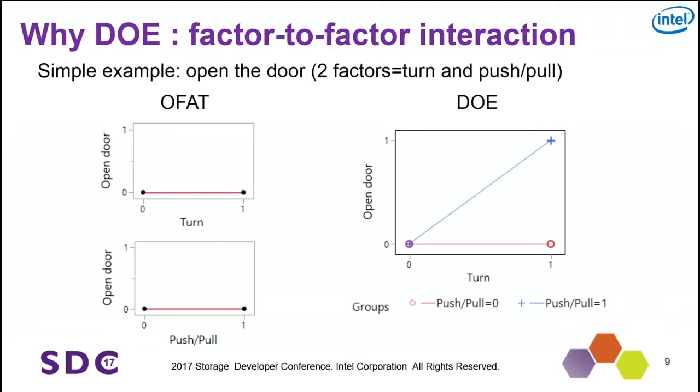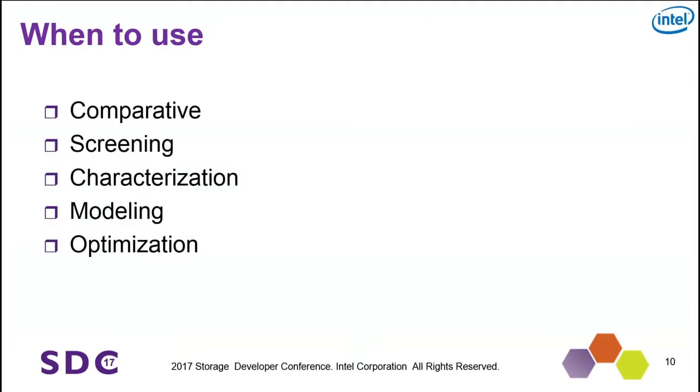For you guys working in this area, you are dealing with a lot of coding, a lot of parameters in your storage software. There must be a lot of interaction. So when to use this method: when you do comparative, screening, characterizations. Screening means, let's say you have 10 variables to test.